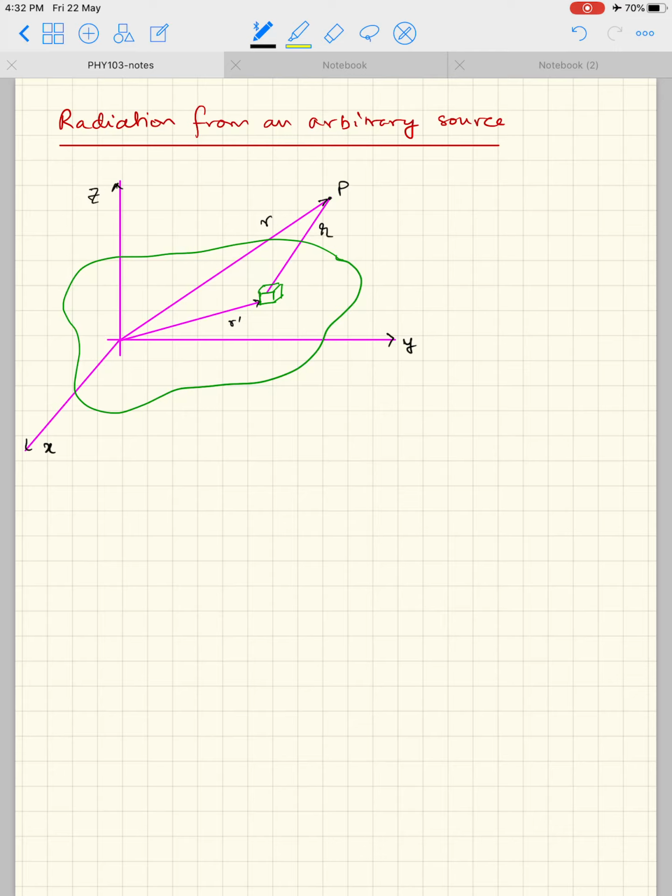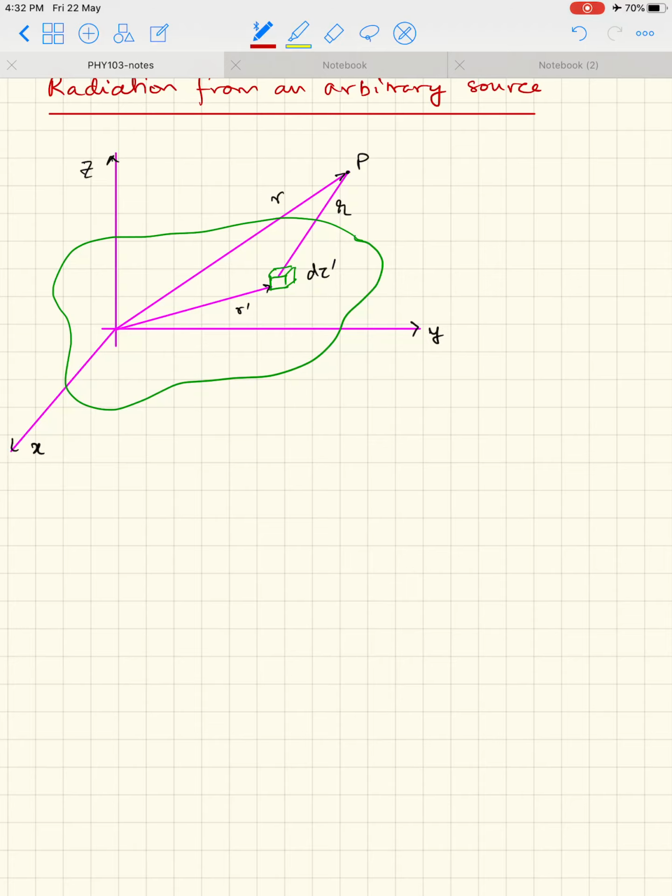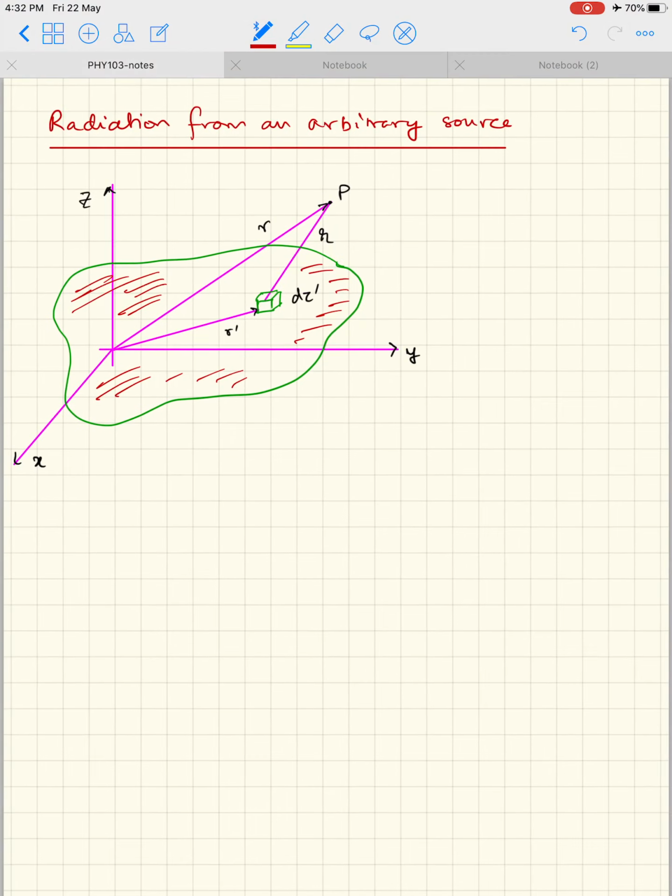And you have a charge distribution here. This is theta primed. Let's say that you have a charge distribution in this region, and we want to find out what is going to happen.